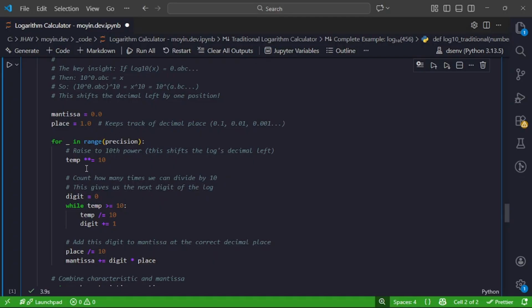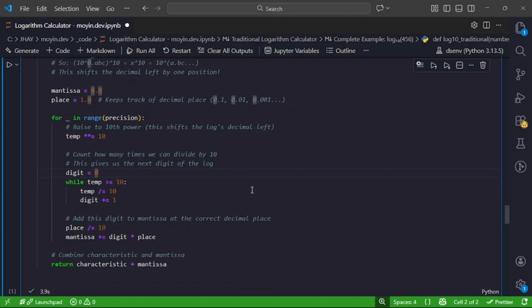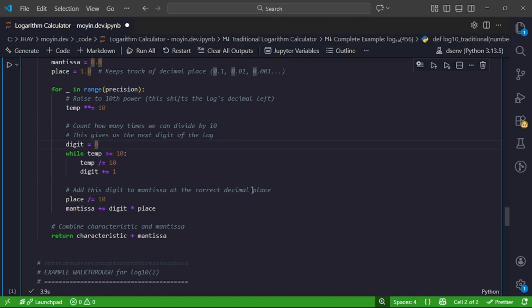So first the temp is raised to the power of 10. Then we count how many times we divide it by 10. What do we get? What we have in our code here is: while temp is greater than or equal to 10, you divide by 10 and then you add to the digit.